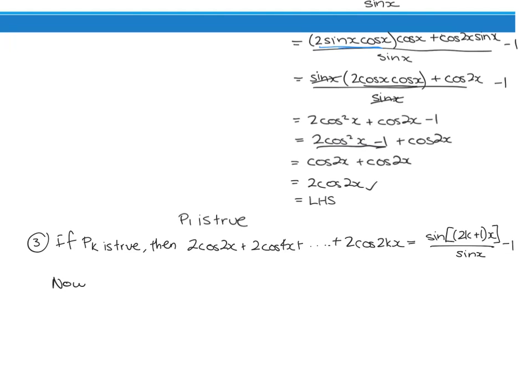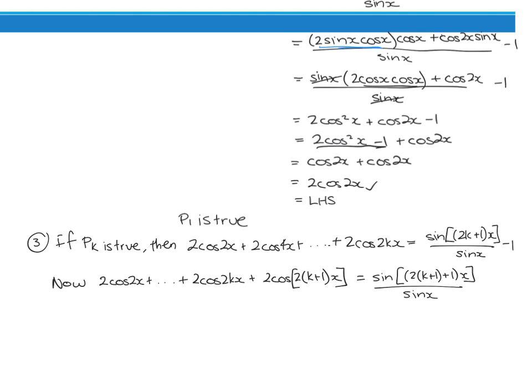Now we'll do k plus 1. So then we've got 2 cos 2x plus, let's skip, 2 cos 2kx plus 2 cos (2k plus 1)x, and we should probably put that all in brackets really, is going to be equal to sine of (2k plus 1 plus 1)x over sine x minus 1.